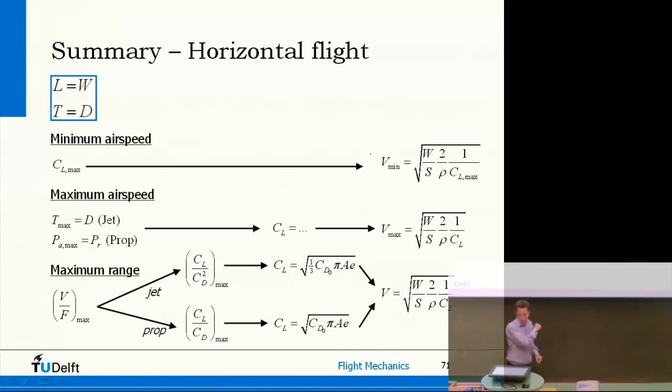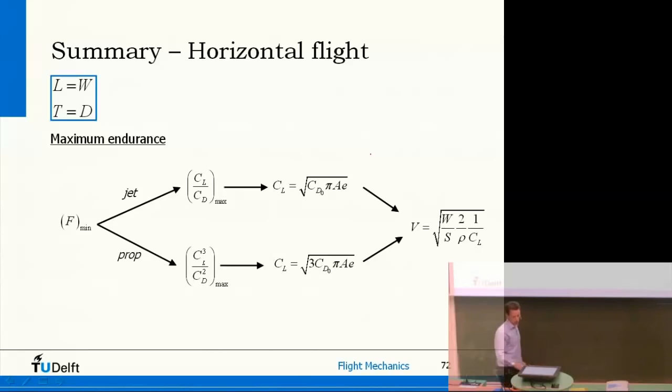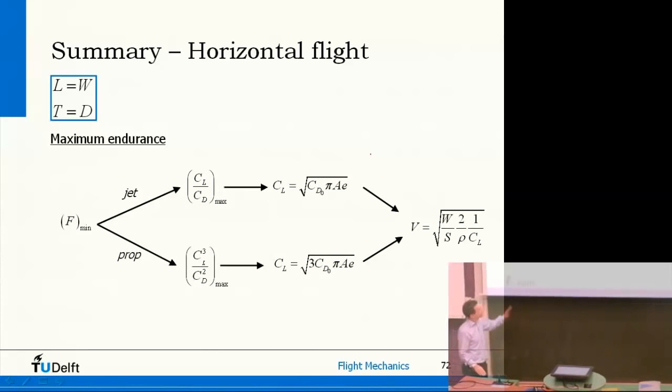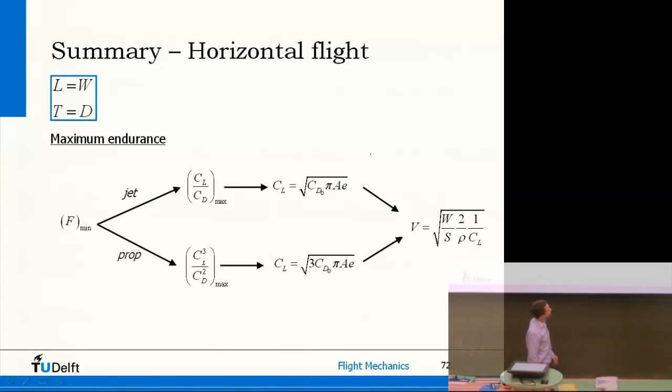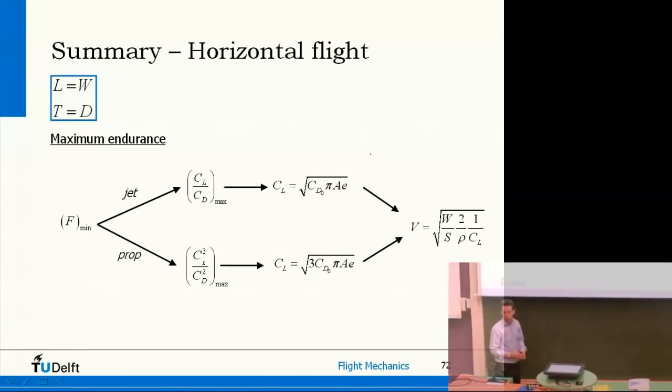So for each problem, it's more or less the same. You have to specify what you are trying to optimize, then you find CL, and you find the airspeed. Endurance is not on here, it's on the next page, but again, it's the same story. You want to minimize fuel. If you minimize fuel use, you have some kind of a lift over drag ratio, a certain lift coefficient, and then an airspeed. So these steps are always the same for every problem.